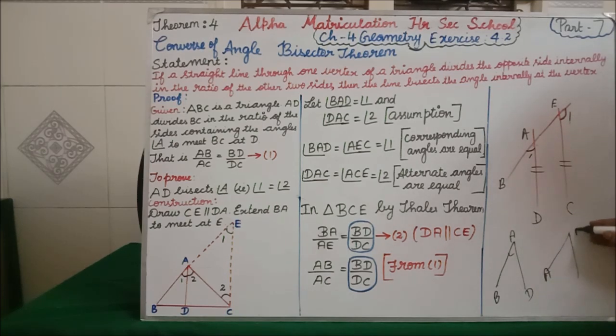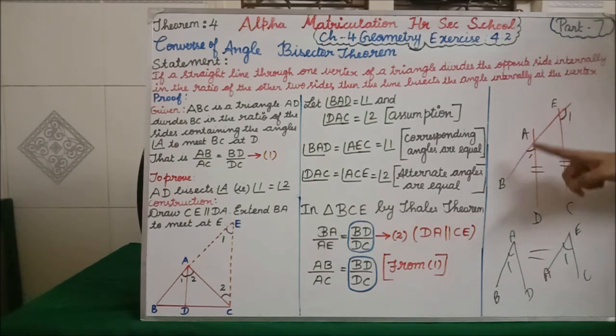This angle, here also angle 1. I hope you all understand this. BAD is equal to AEC because these two angles are corresponding angles. In parallel lines, if a transversal line comes and you have two angles on the same side, those two angles are corresponding angles.